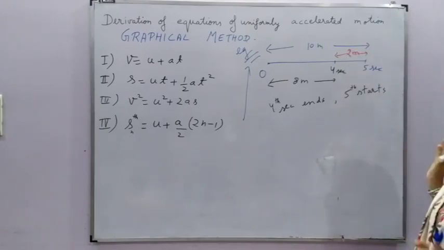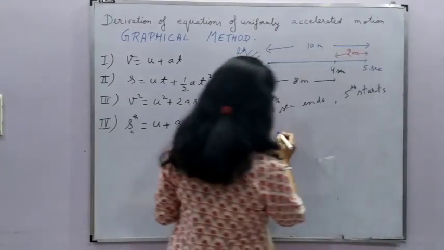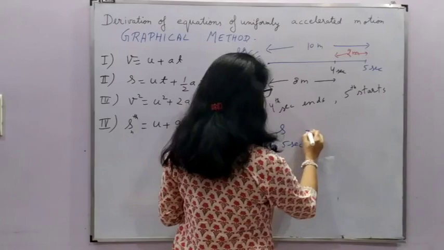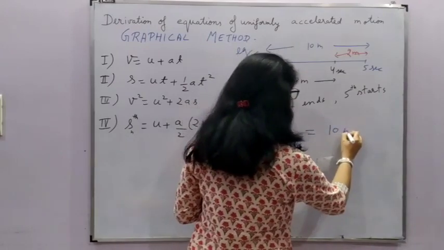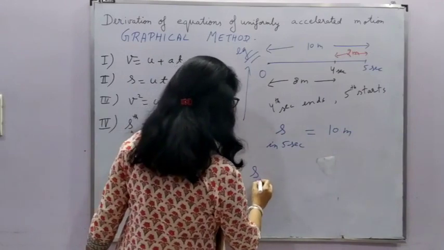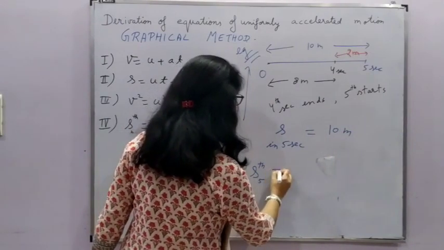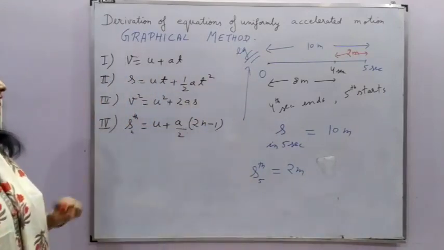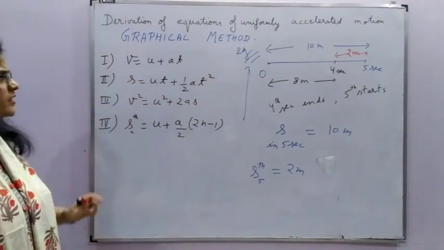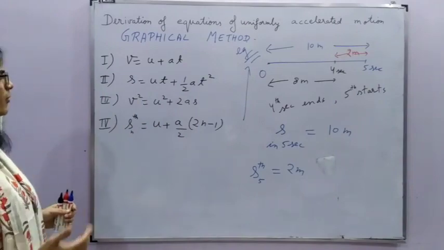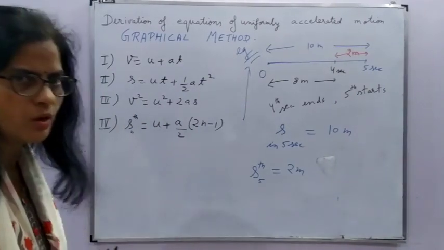Hope you understood the difference: distance in 5 seconds is 10 meters, but distance in the fifth second is 2 meters. This is a very important concept to understand. So let's take the derivations one by one. Let's first take derivation 1.